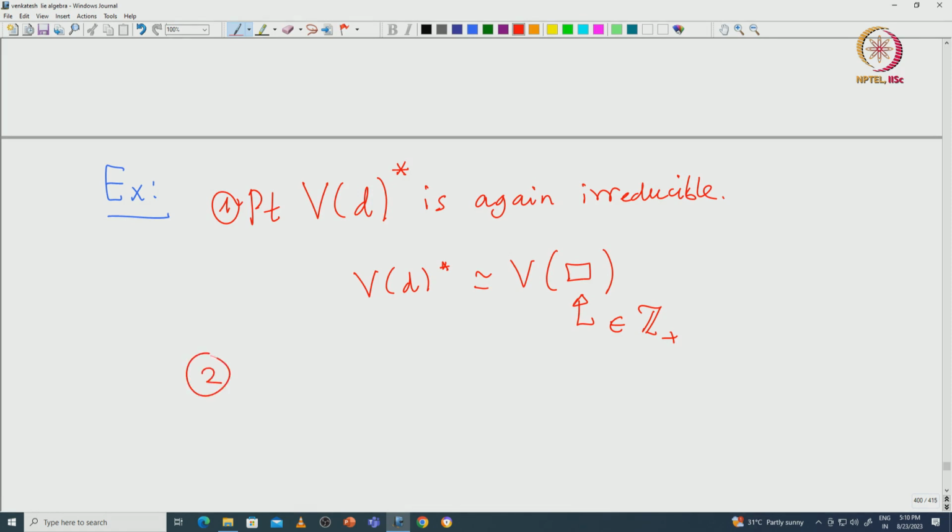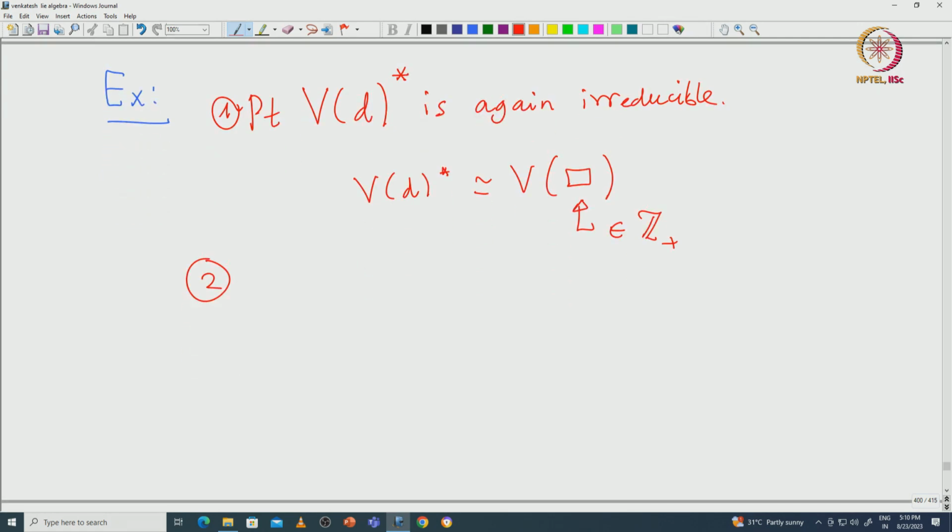The second question: once we have this tensor product, one can construct the tensor product of two different irreducible modules. For example, you can take V_n tensor V_m for given n and m in Z plus.